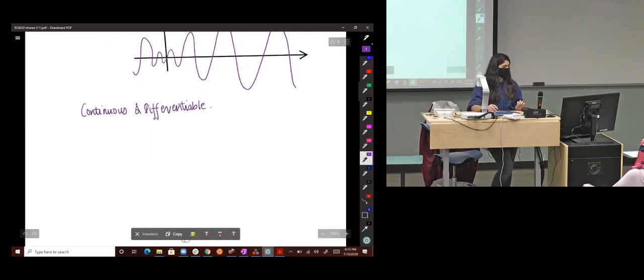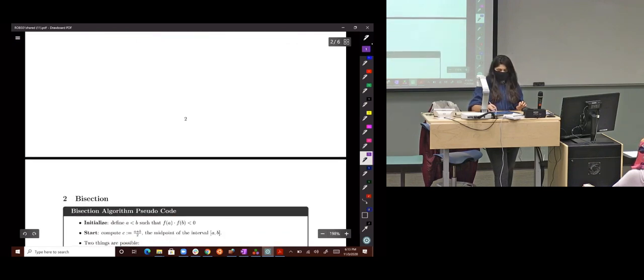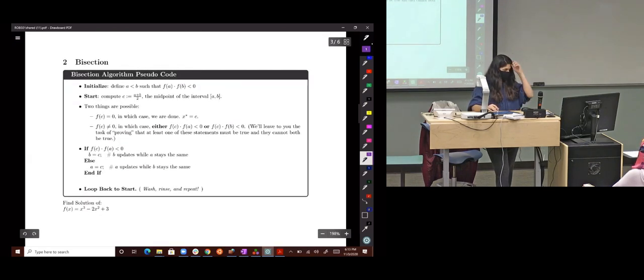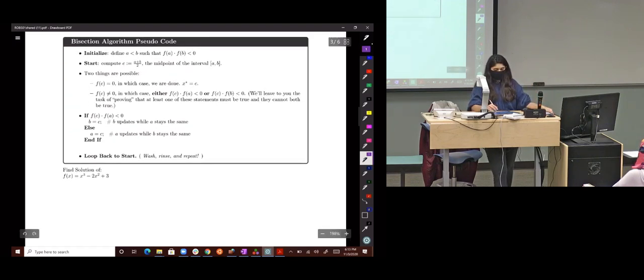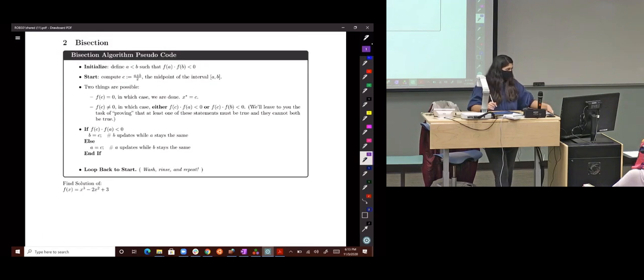Okay, now we know how to look at functions and say if they're continuous or if they're differentiable. The other thing about finding solutions is we look at algorithms. So the first one we did in class was bisection.